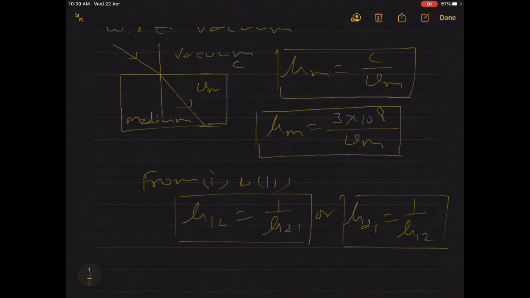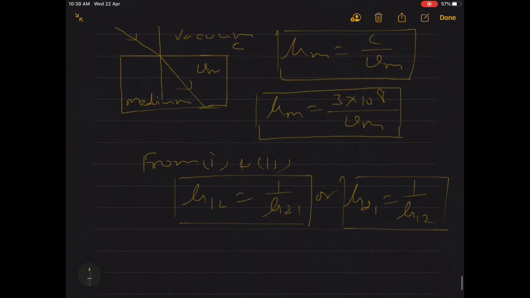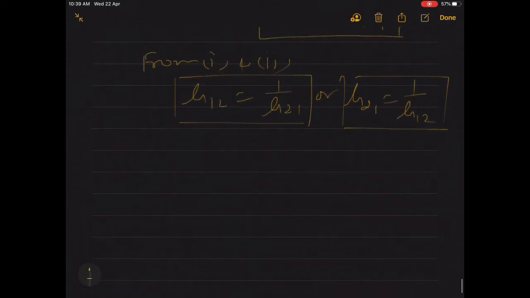Now I would tell you one more interesting thing, that we have two expressions for the refractive index. One is from the definition, and also from Snell's law.